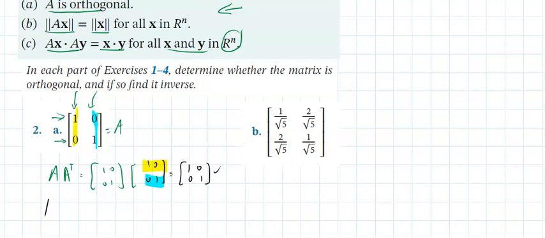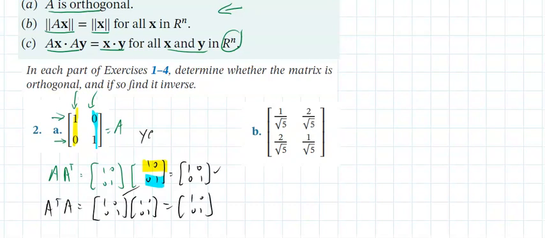Okay, it checks, but that's not enough. You're going to do this first. Well, obviously it didn't change, right? That is still 1, 0, 0, 1, so yes, we say it is. If we called it A, we say A is an orthogonal matrix.